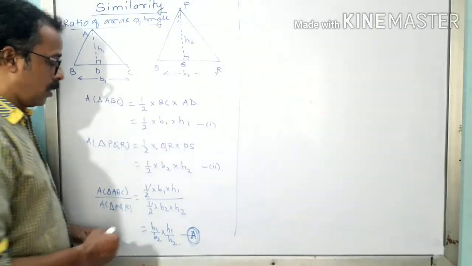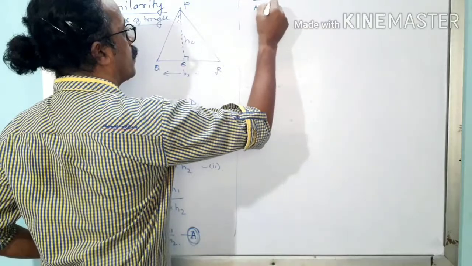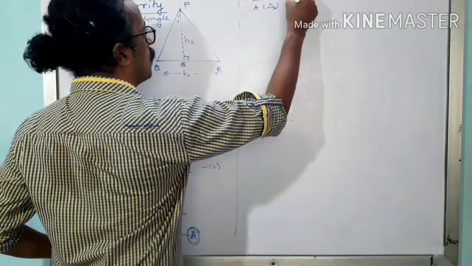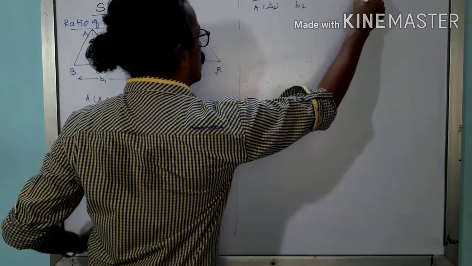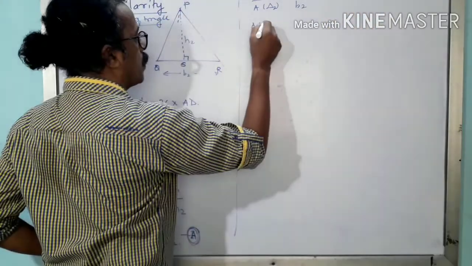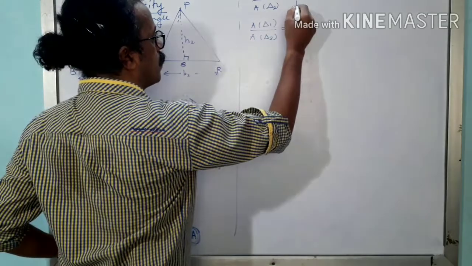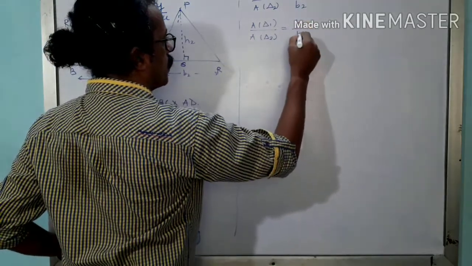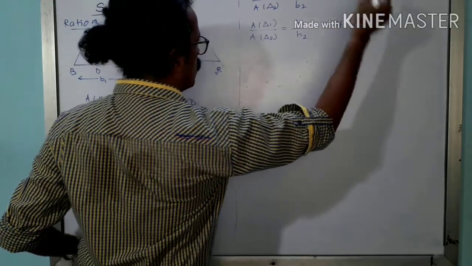I will write down the conditions. Area of triangle 1 upon area of triangle 2 is equal to b1 upon b2 if h1 is equal to h2, and area of triangle 1 upon area of triangle 2 is equal to h1 upon h2, provided that b1 is equal to b2.